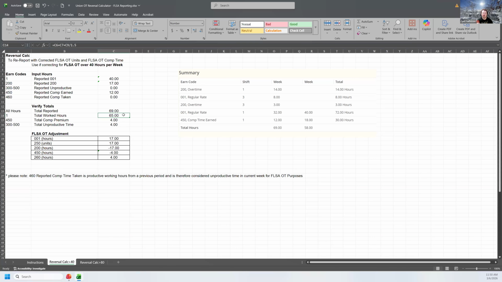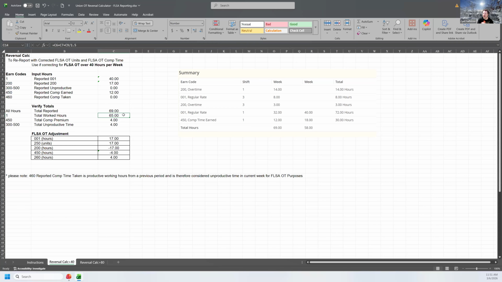But I thought all these hours were worked. Yes, all these hours are considered productive time, but what do we know about comp time earned? Comp time earned is earned at 1.5 times, right? And it already includes our premium portion.